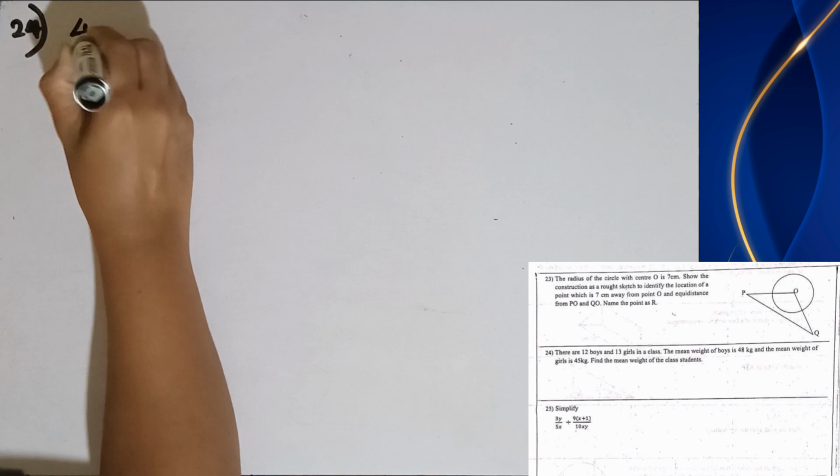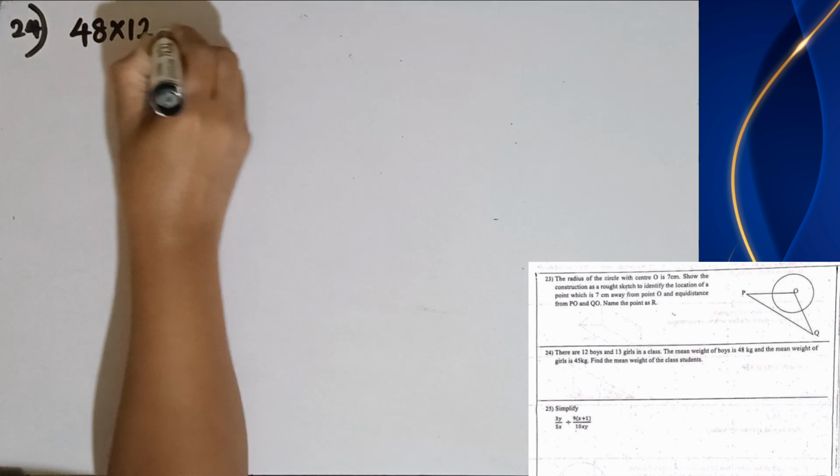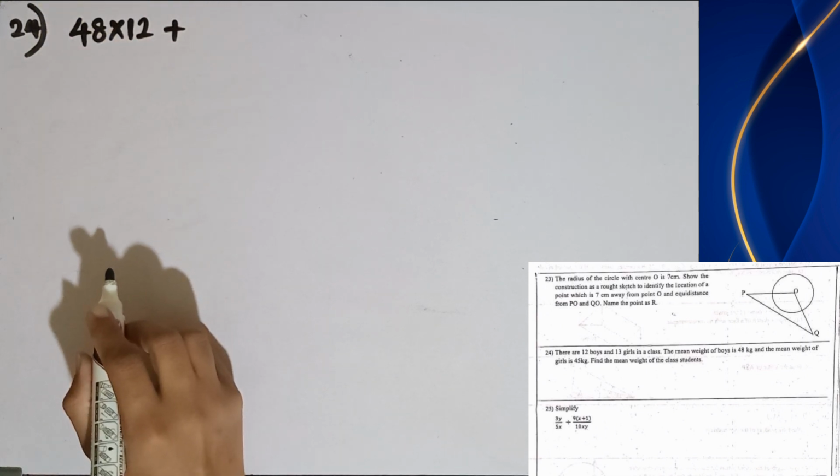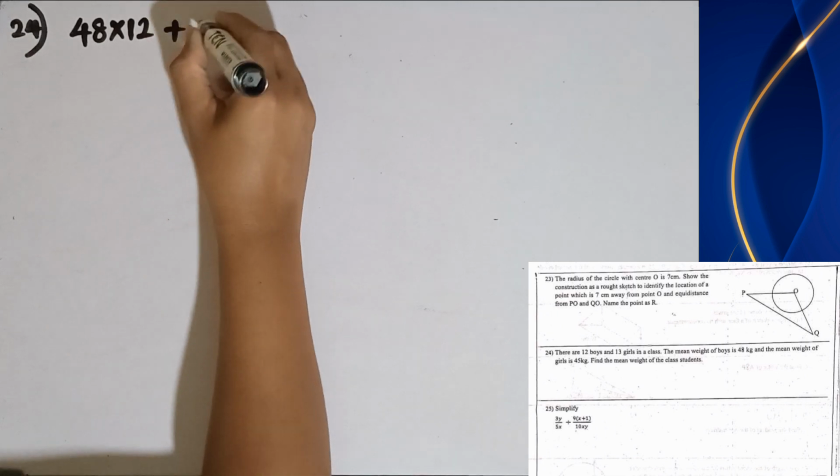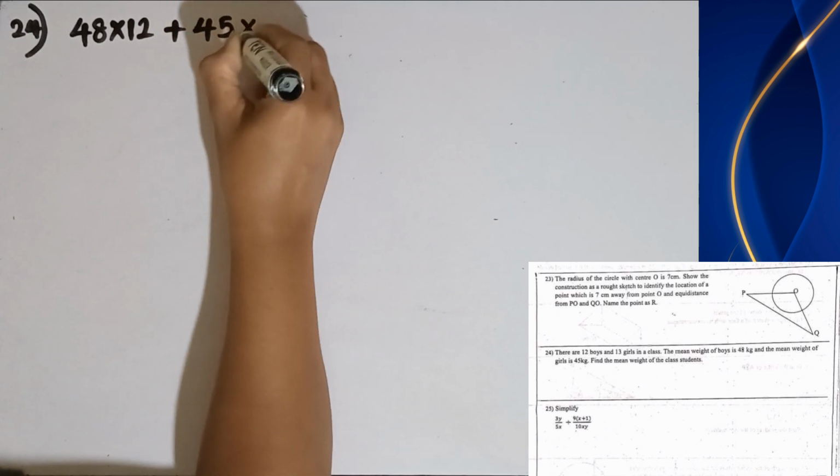Question number 24. There are 12 boys and 13 girls in a class. The mean weight of boys is 48 kilograms and the mean weight of girls is 45 kilograms. Find the mean weight of the class students. We can find the total weight of boys by 48 multiplied by 12, plus the total weight of the girls by 45 multiplied by 13.